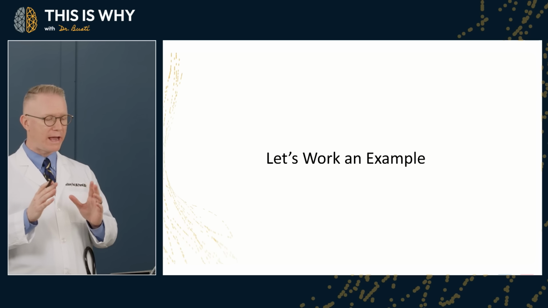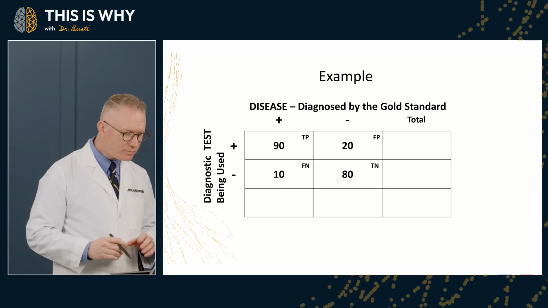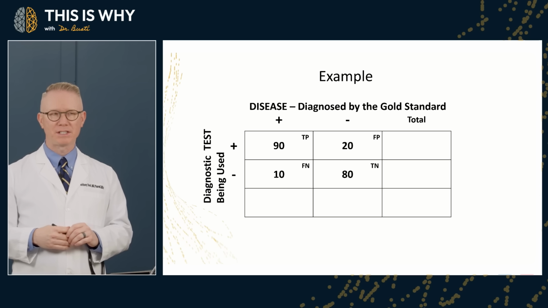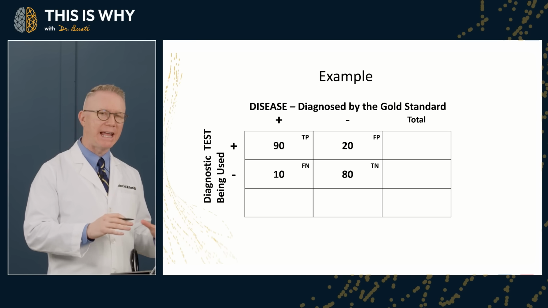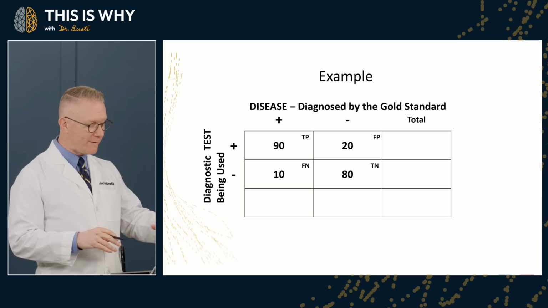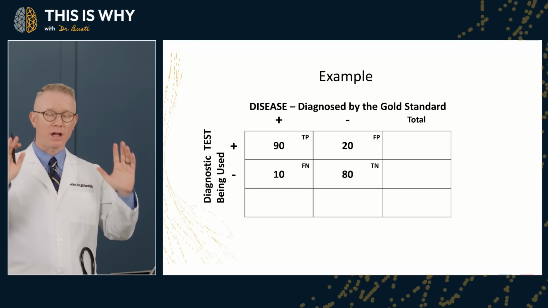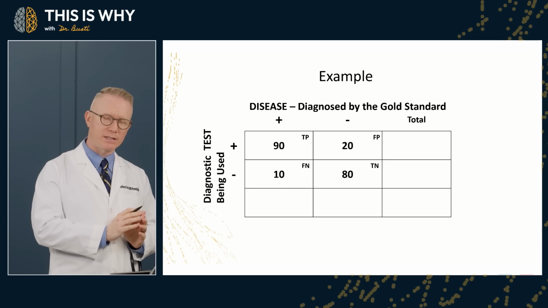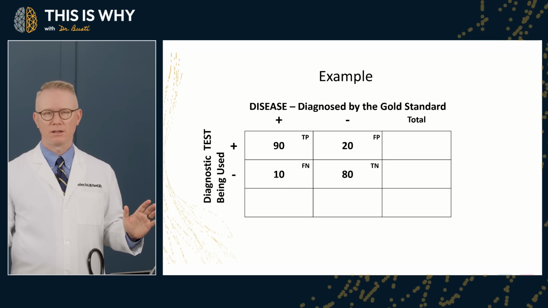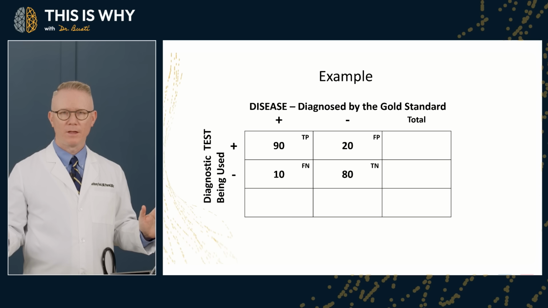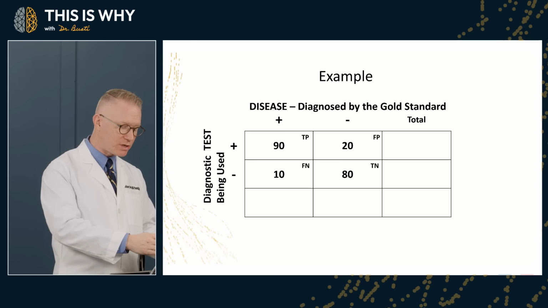Let's walk through an example. Now, I have given you, in this example, sample data. There's no reference on here. It's just to demonstrate the concept, because if you understand the concept, you can do any of these moving forward. So you have a 2x2, which I filled in.